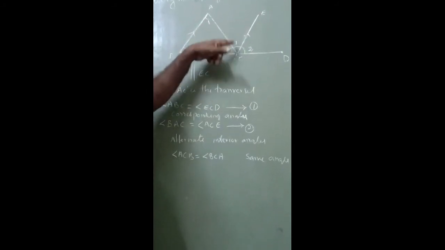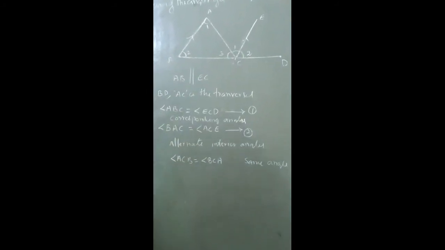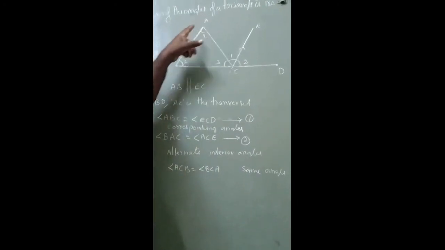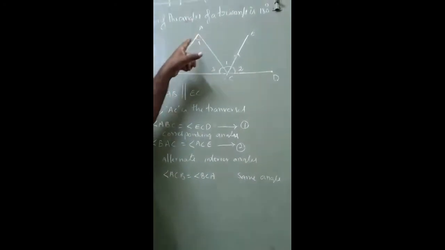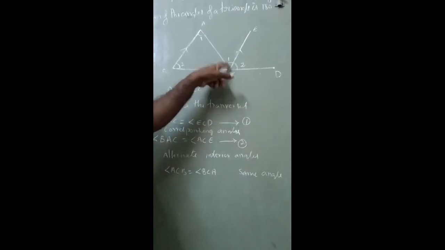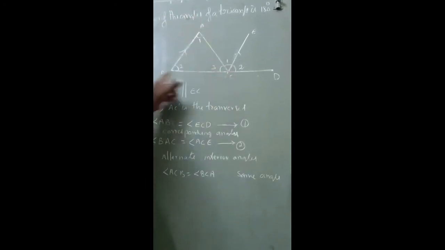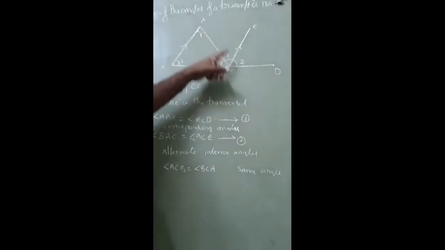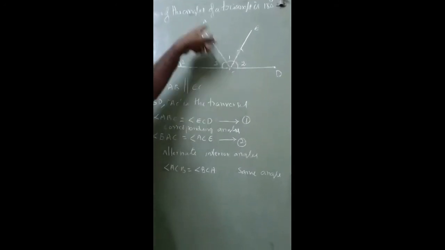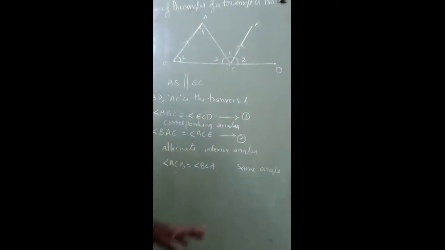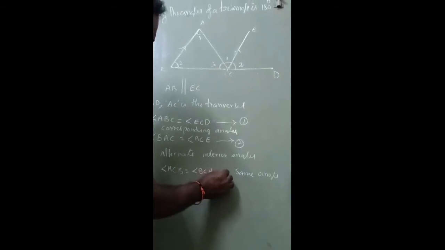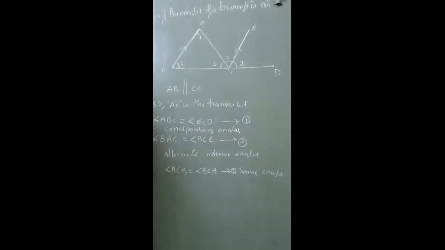Alternate interior angles, both are interior angles. Next one, angle BCA and angle ACB, both the same angle. That is equation 3.